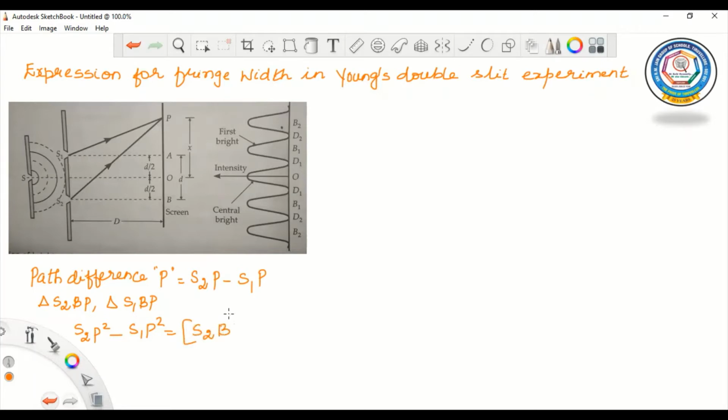minus S1P square. Here S1P square is S1A square plus PA square.